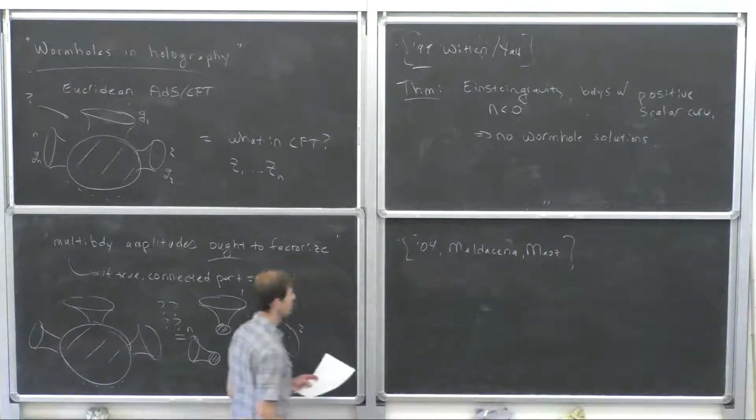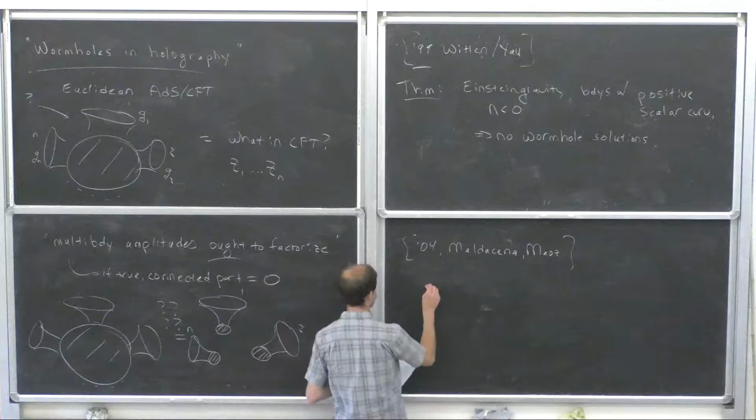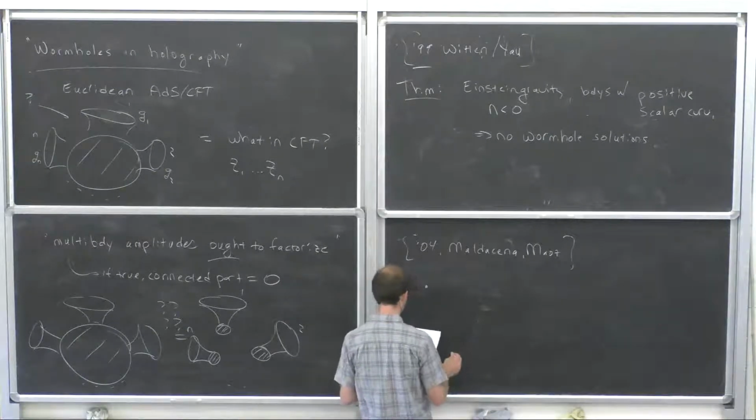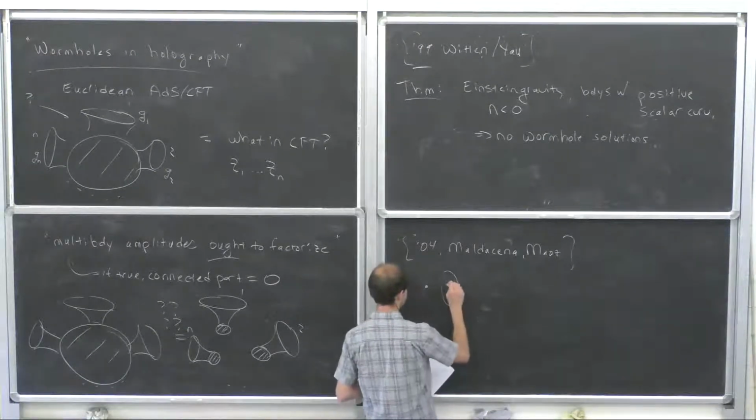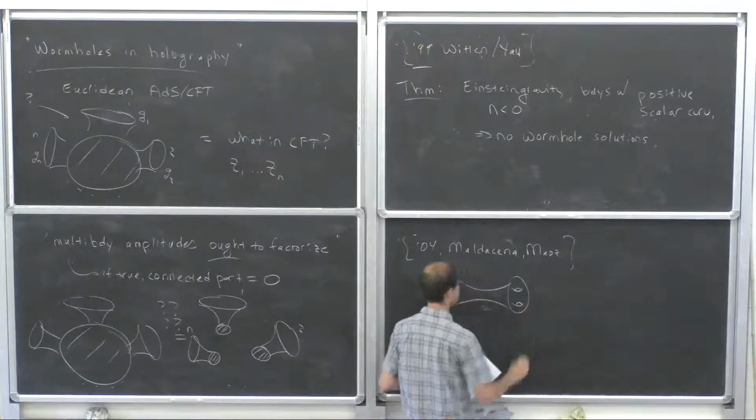And the counterexamples, there's sort of two broad types. Well, one broad type and a specific instance. They're all two-boundary wormholes.